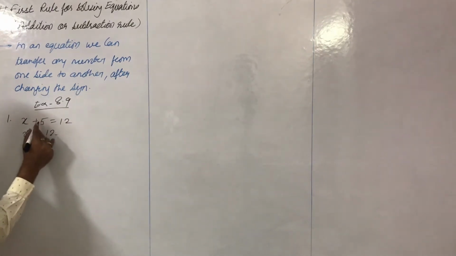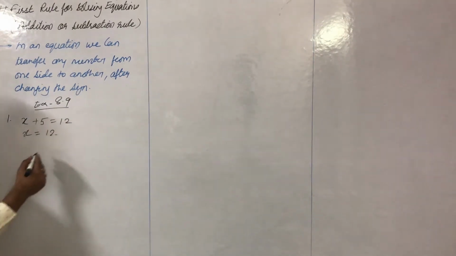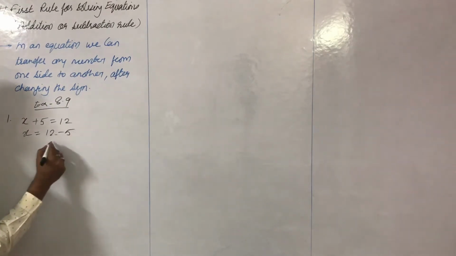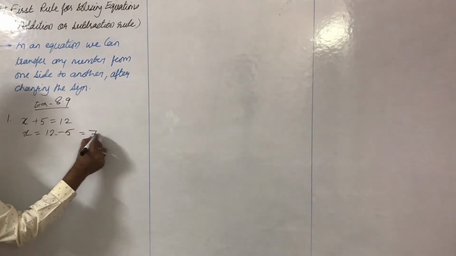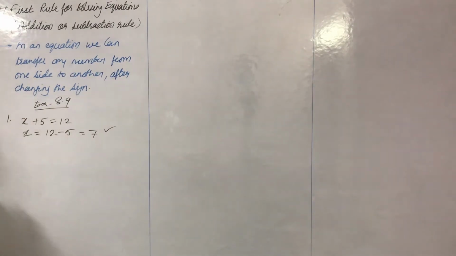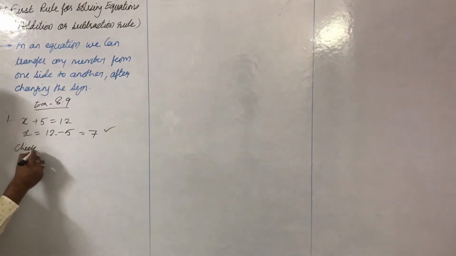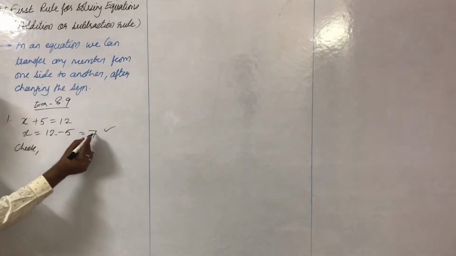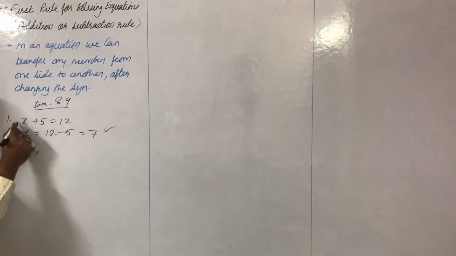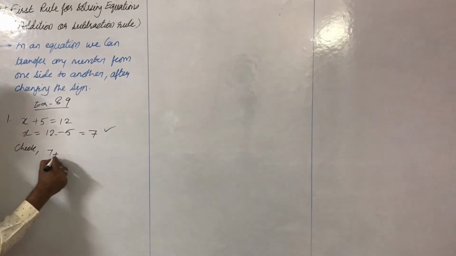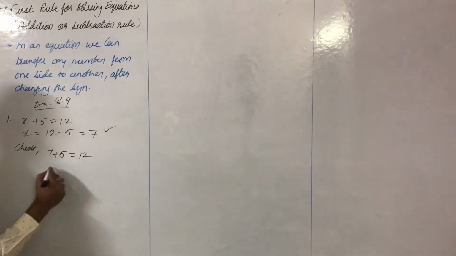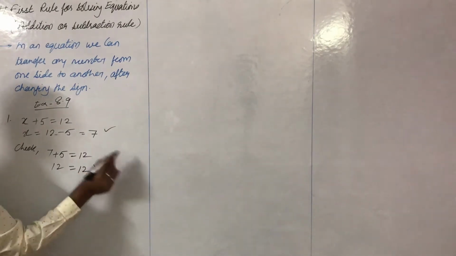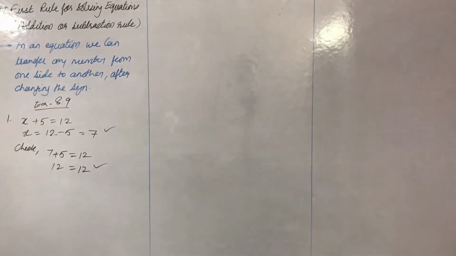Here it is positive, after changing its sign negative. So 12 minus 5 is 7. 7 is the answer. For check, we put this value in place of x. 7 plus 5 equals 12. 12 equals 12. Yes, so it is correct.